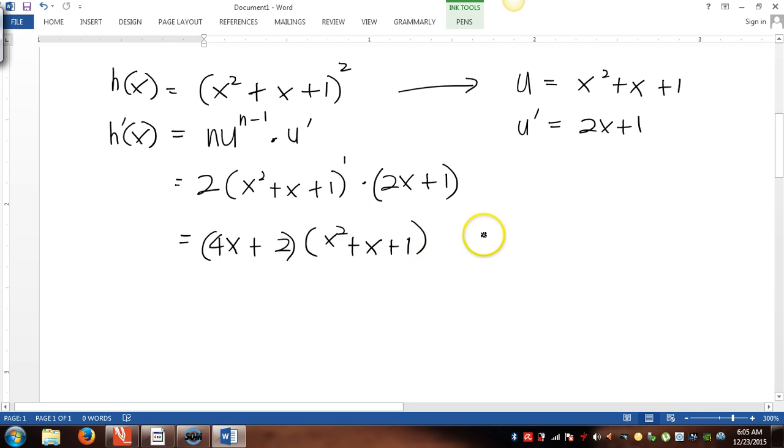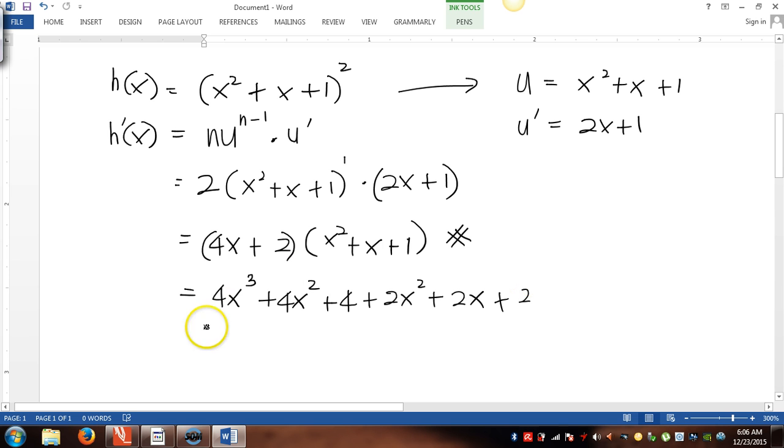If you give the final answer like this, you can get full marks. If you expand it, it's also okay. For 2x times x squared, we get 4x to the power of 3. For 2x times x, we get 4x squared. For 2x times 1, we get 4x. Then 2 times 2x gives 2x squared, 2 times x gives 2x, and 2 times 1 gives 2.